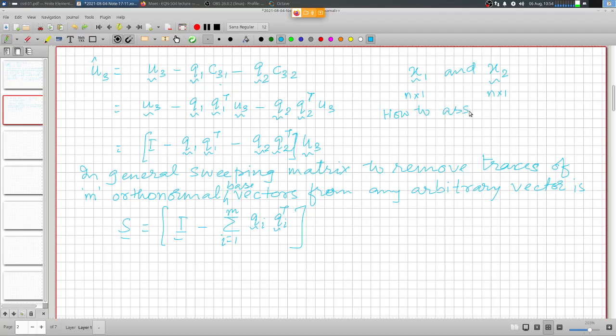How to assess if x2 does not differ significantly from x1?